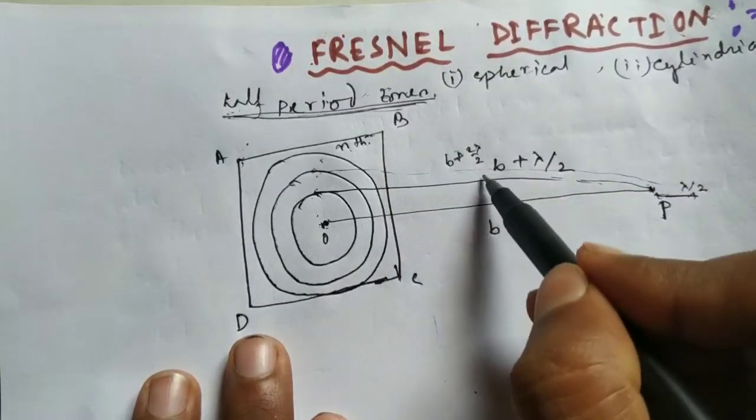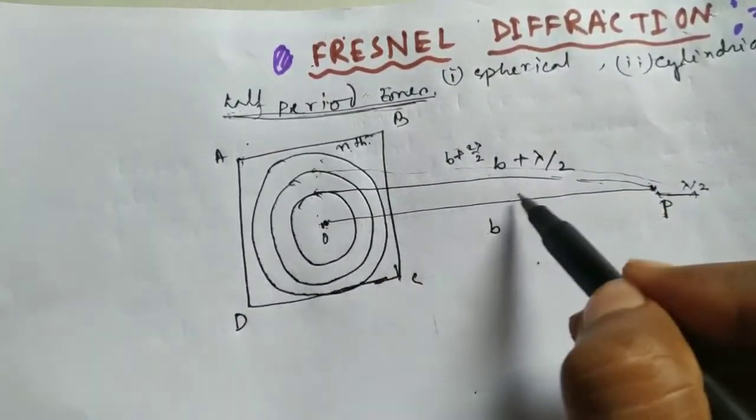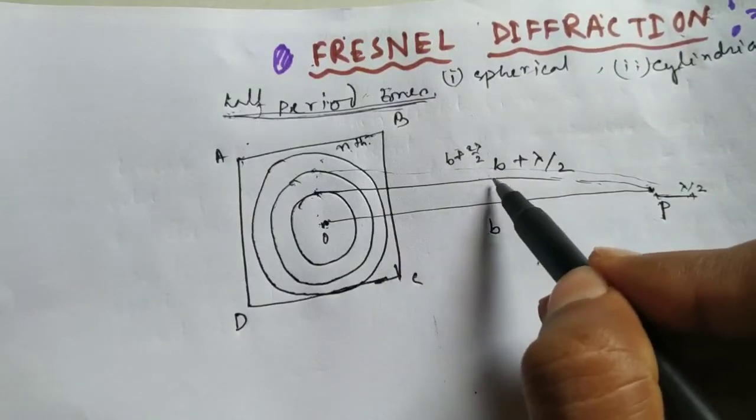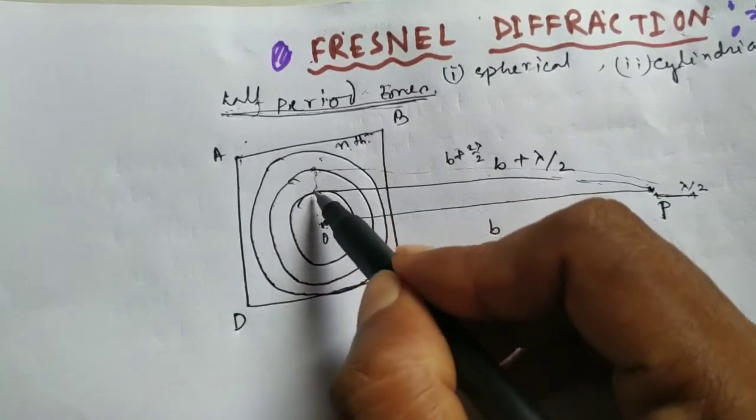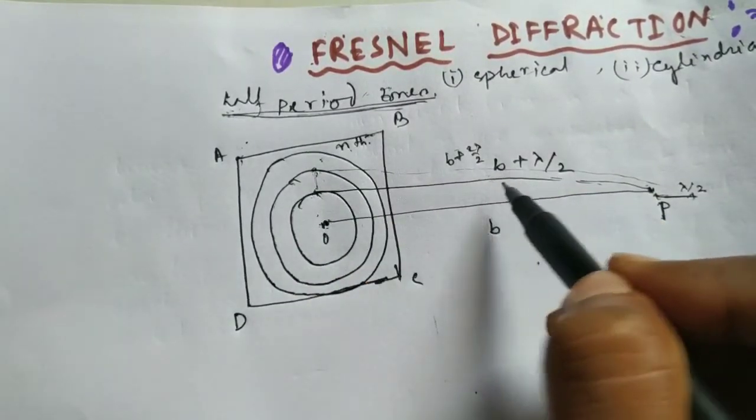The difference between the two zones is lambda by 2.